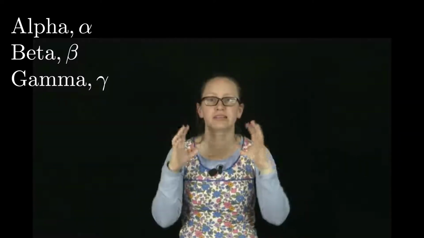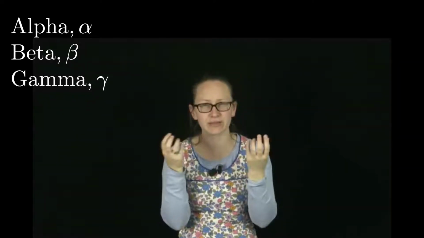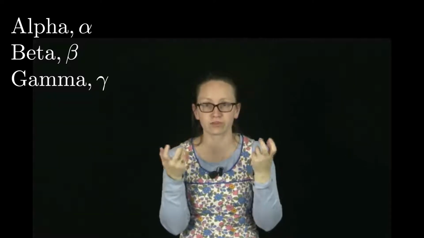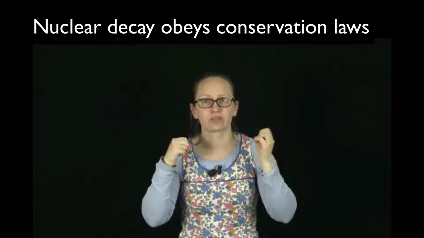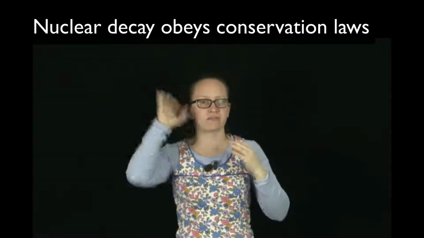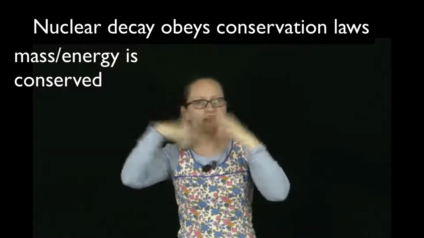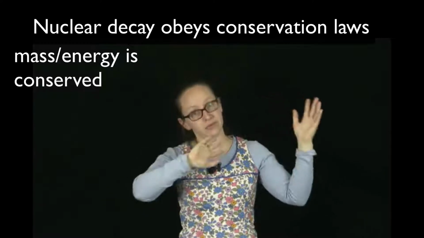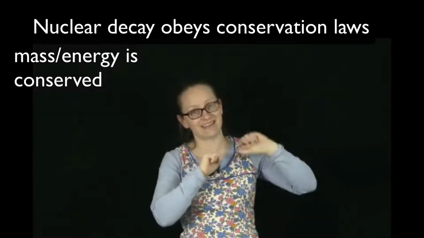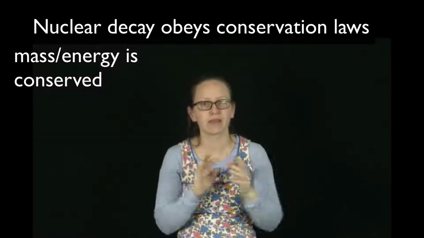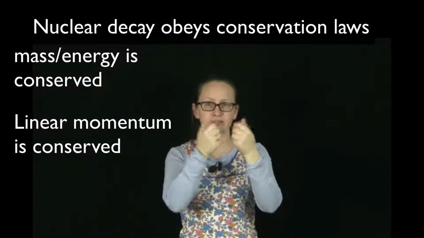Now, whenever a nucleus decays, it still obeys the important rules of physics. So in particular, it obeys conservation laws. So there is conservation of mass/energy, that is, it obeys E equals mc squared. If it loses some mass, then it is releasing a certain amount of energy. Linear momentum is conserved.